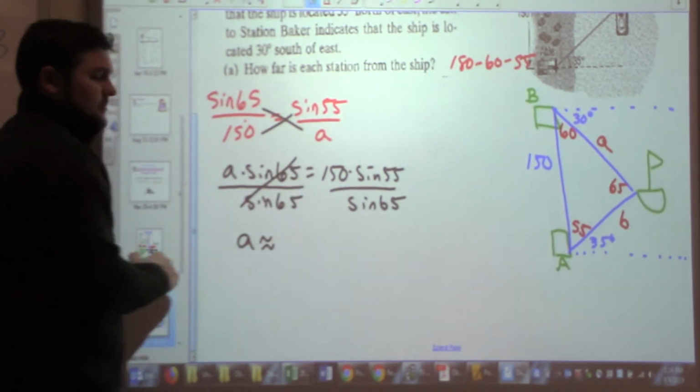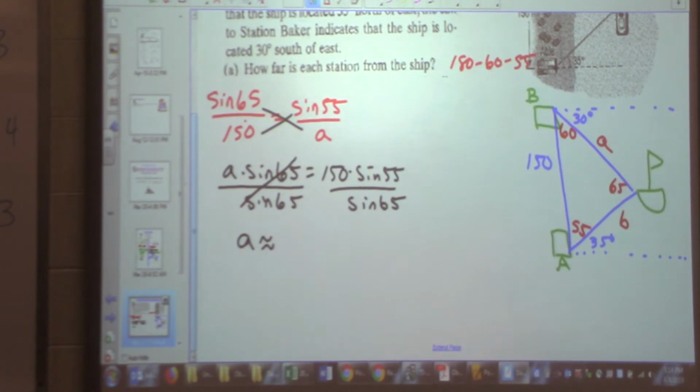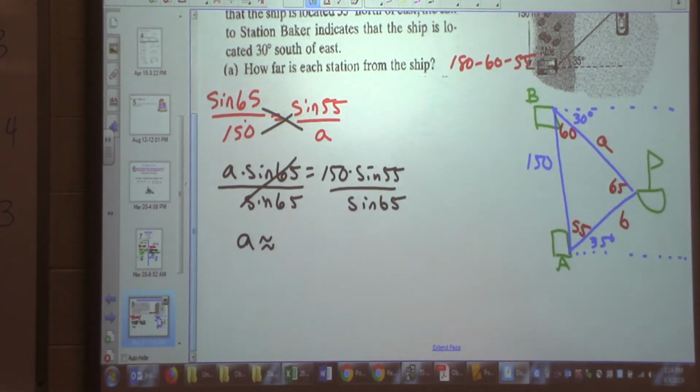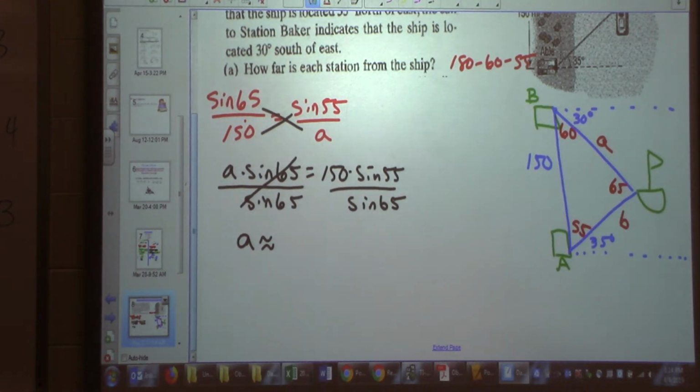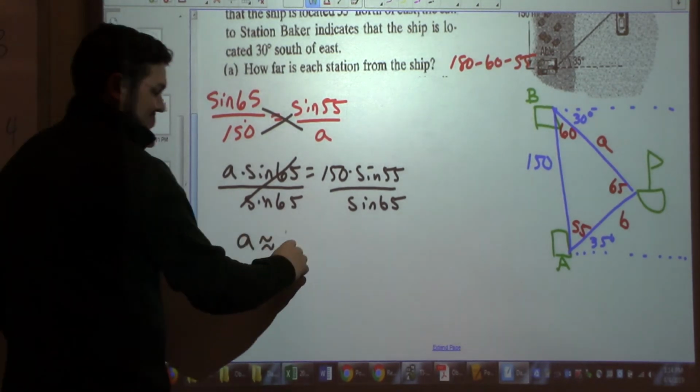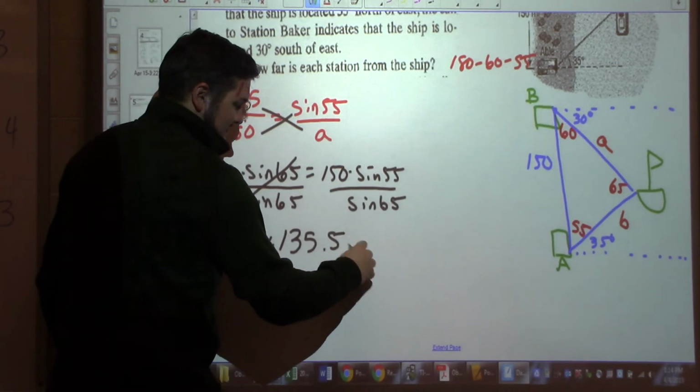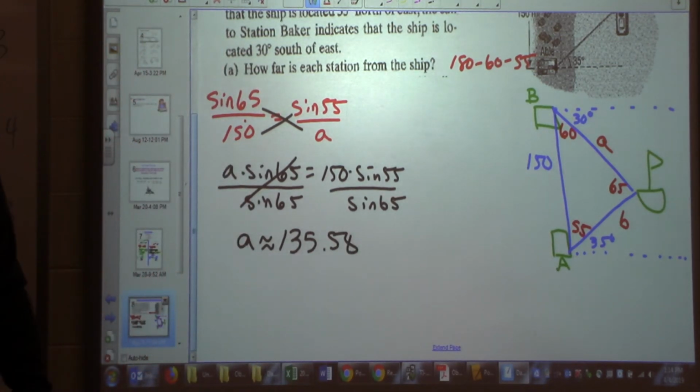What do we get? A is approximately what? 90.38. What did everybody else get? Let me check it. I got 135.5. 135.58? That sounds better to me. I multiplied it by sine 55 times 100, and I got 81.9.